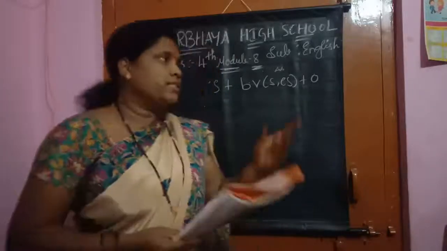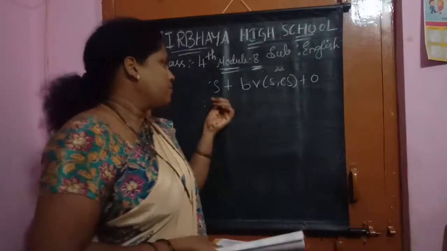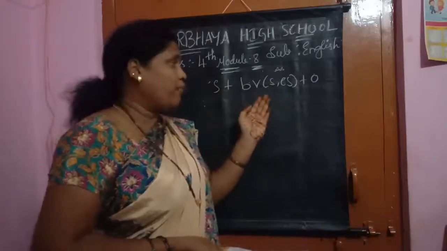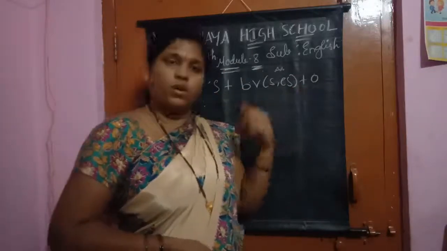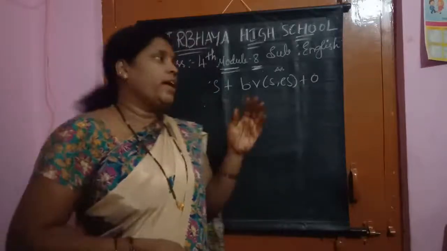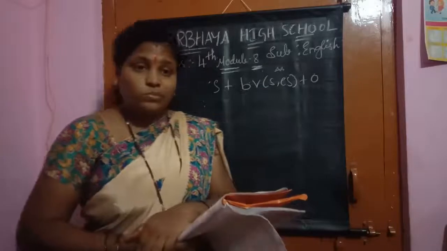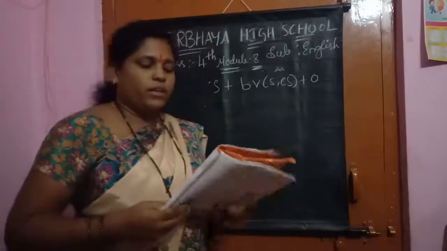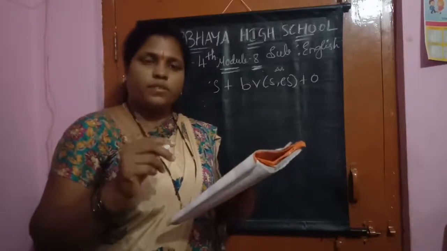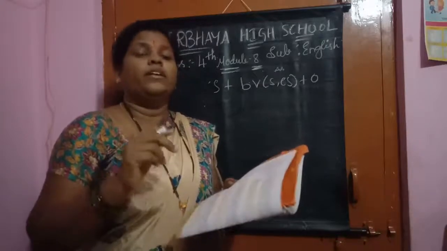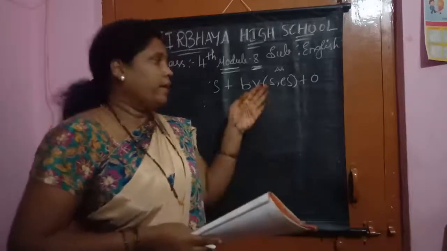Now we learned simple present tense yesterday. Simple present tense, what is it? Subject, base verb. For the base verb, we will add s or es, plus object. See, children, when are we adding s or es? When the subject is not like I, we, they, that time we will not add s or es.